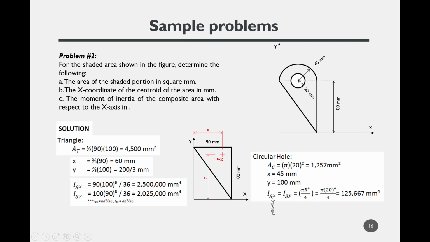Solving for the IGX and IGY, we have pi r to the 4th power over 4. Alam natin ang radius is 20, to the 4th, so makuha natin 125,667 mm to the 4th power. Yun makuha natin ang IGX and IGY.